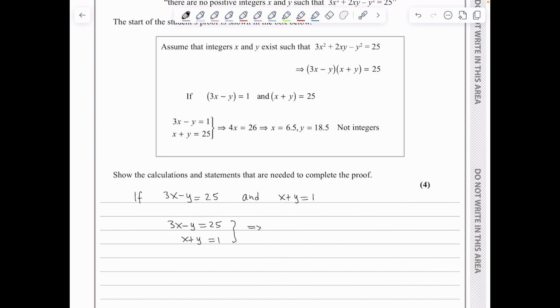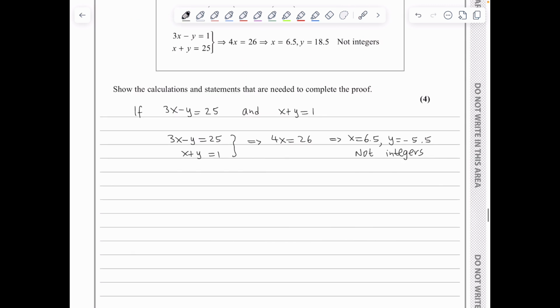This leads to 4x being equal to 26, and therefore x is 6.5. Now if x is 6.5, y is minus 5.5, both of which are not integers, I need to explicitly state this, and then I need to proceed in considering which other combinations of integers will give you a product of 25. Now the only such other case is the 5 times 5.